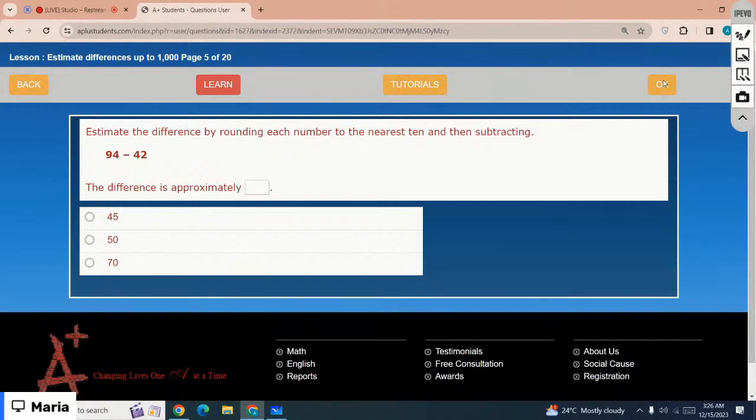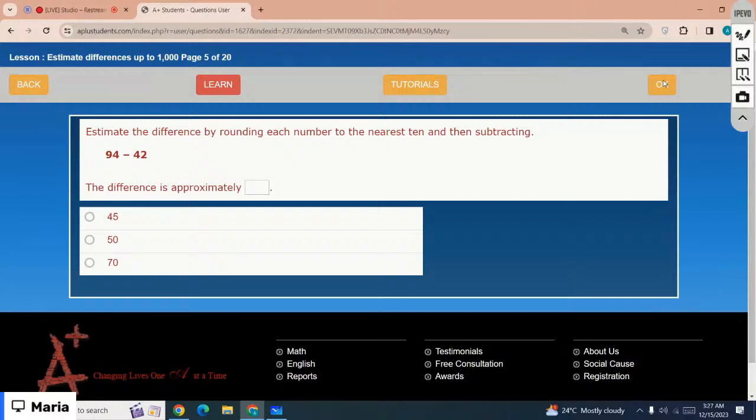So, which is the correct option? 94 is rounded off to 90 and 42 is rounded off to 40.